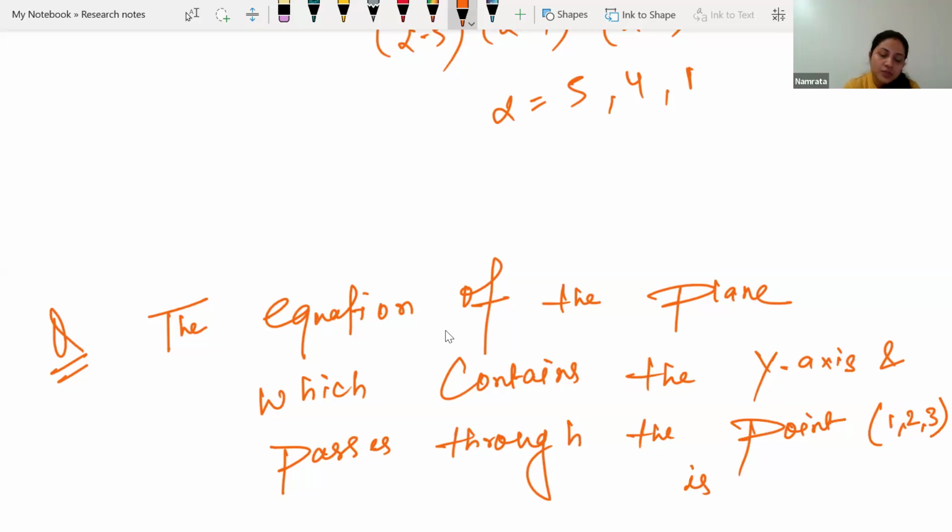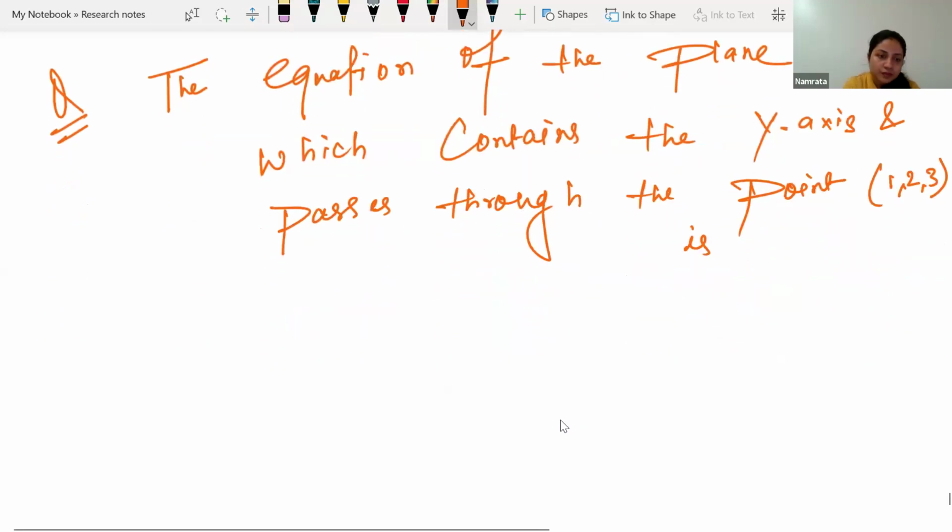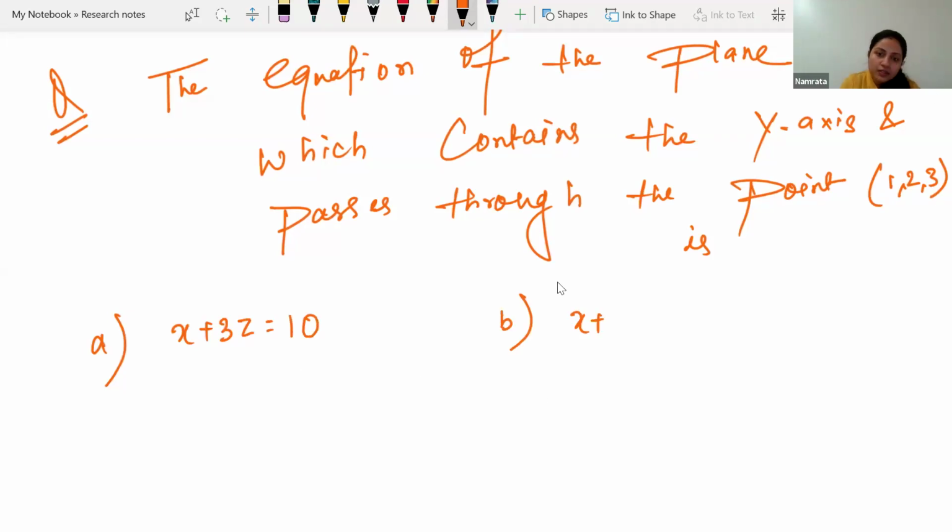Options are: option A, x plus 3z is equals to 10; option B, x plus 3z is equals to 0; option C, 3x plus z is equals to 6; and option D, 3x minus z is equals to 0.